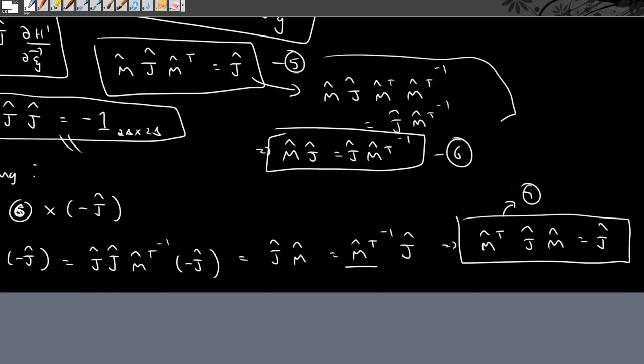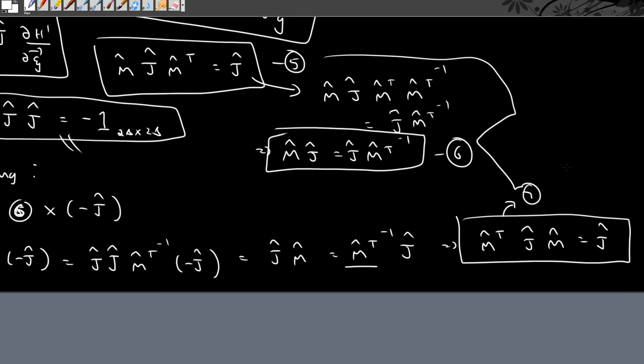So equations 5 and 7 are equivalent, because they can be got by just multiplying both the equations by the matrices J and (M̂ transpose) inverse.